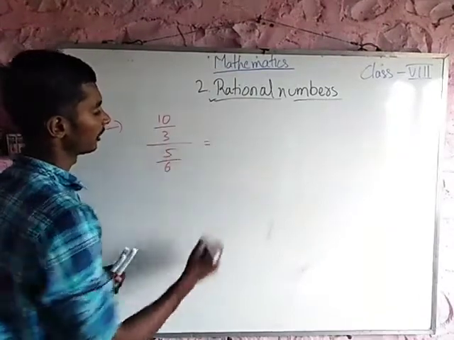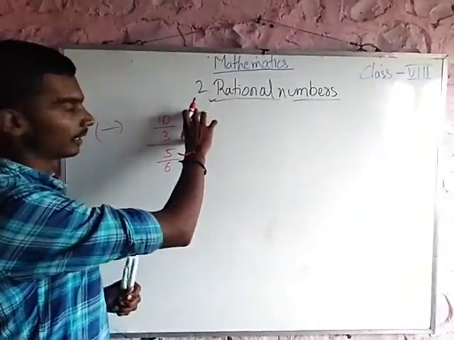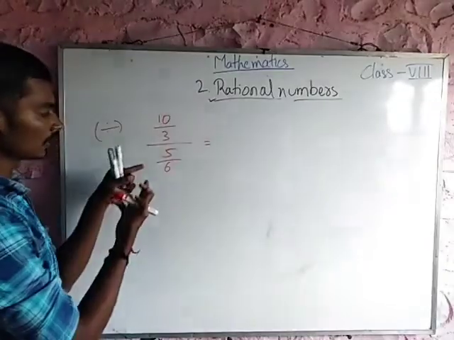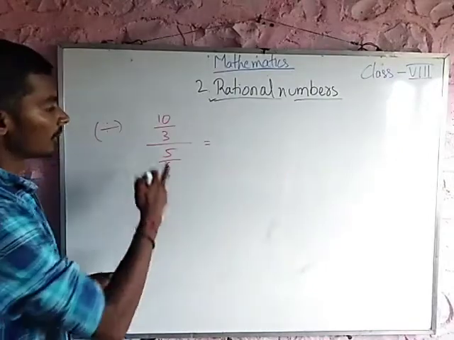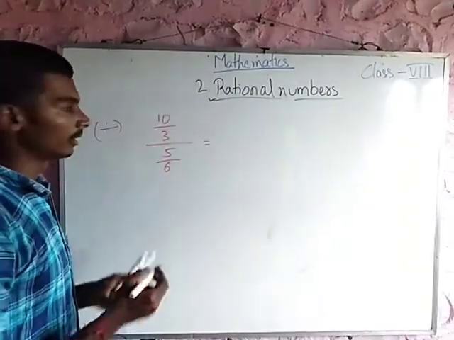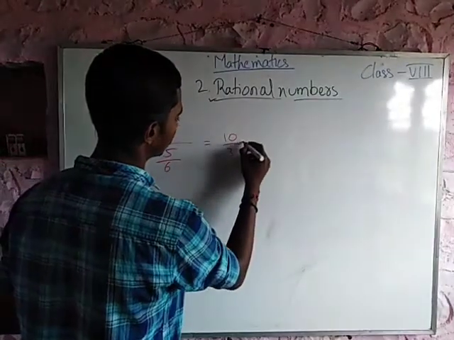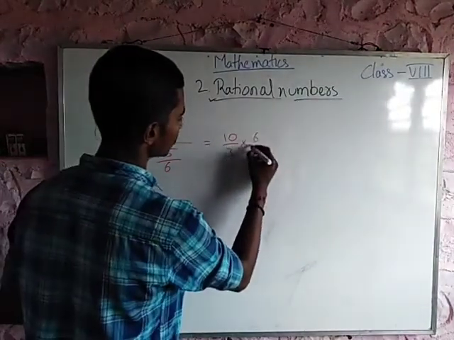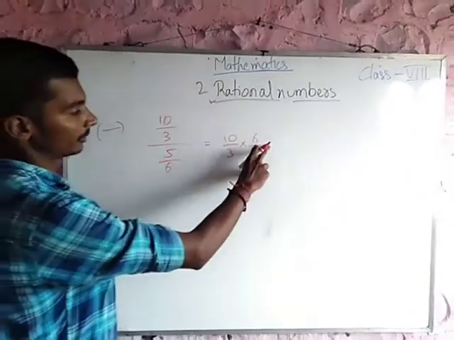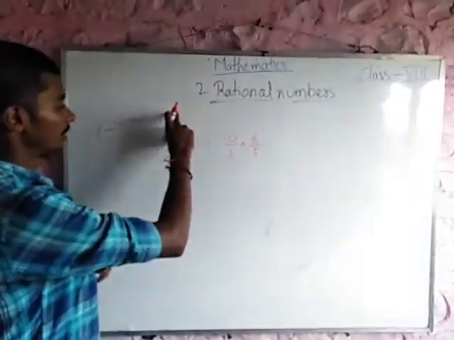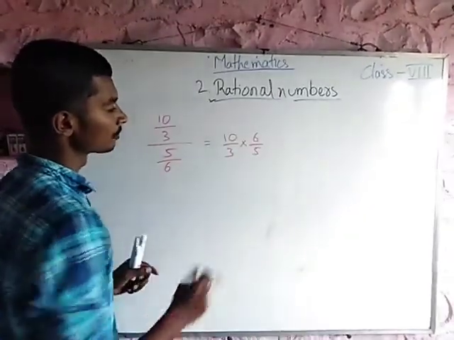This can be simplified by taking this number on this side by changing the denominator to numerator and numerator to denominator, and change the division sign to multiplication. That is 10 by 3 into 6 by 5. See here, this can be written in this way. 10 by 3 divided by 5 by 6 is equal to 10 by 3 into 6 by 5.